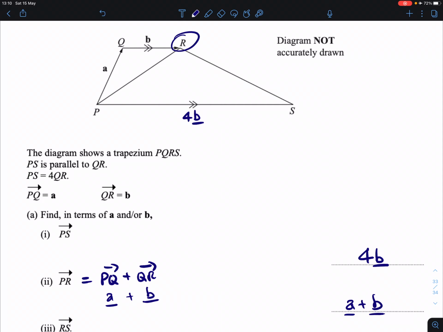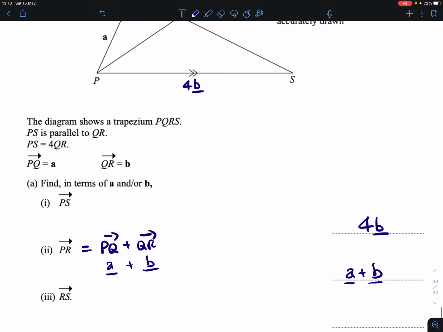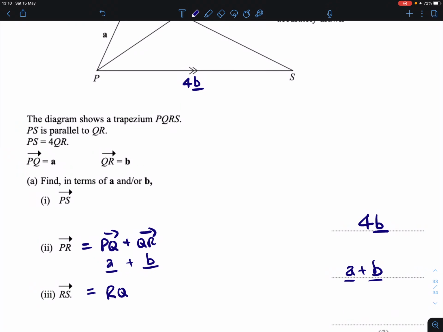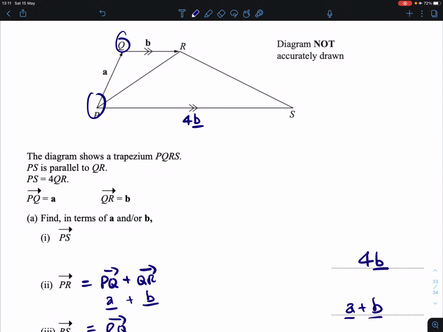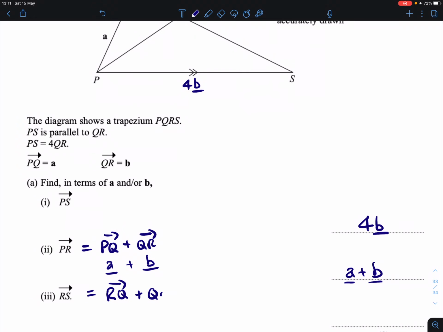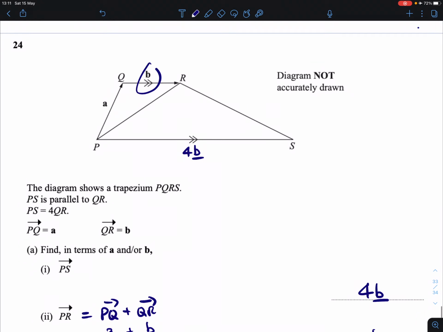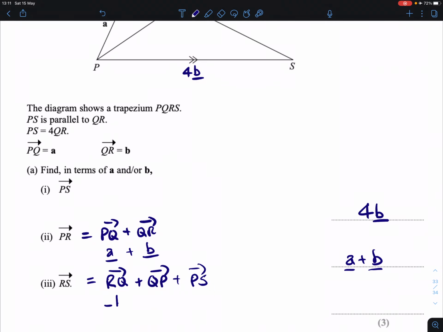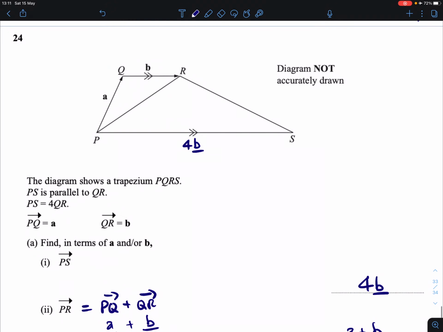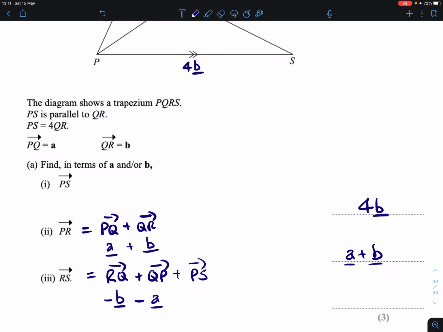R to S. We are looking for this vector here. We don't know it as a direct vector, so we've got to find another way. How we do that is by going from R back to Q, and then we're going to go from Q to P, and then we will go from P to S. So R to Q is B backwards, or the opposite of B. Give us a minus B. Q to P will be the opposite of A. So subtract A. I'm technically adding a negative A, but I can just write it as a takeaway sum.